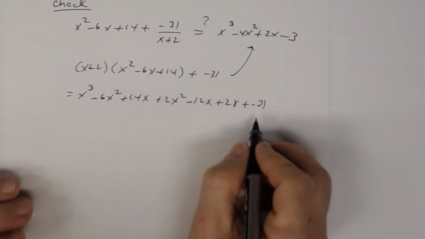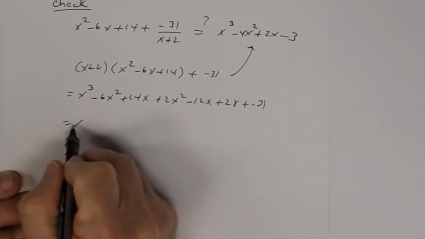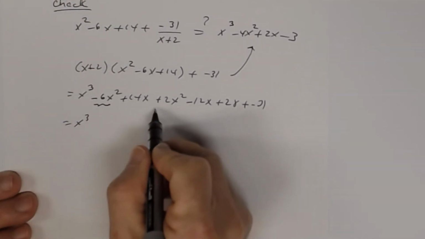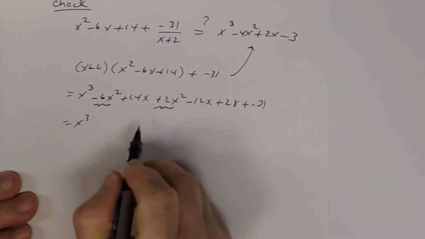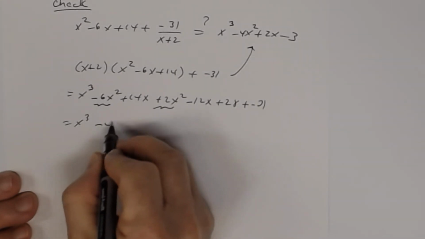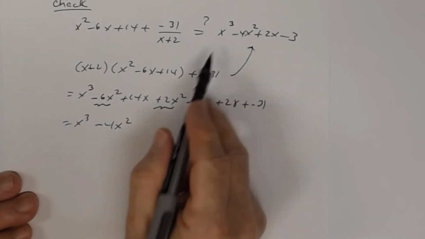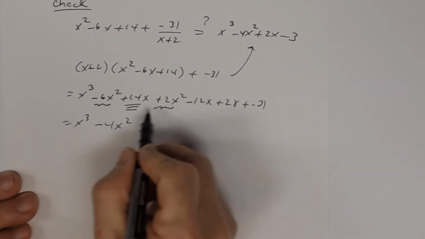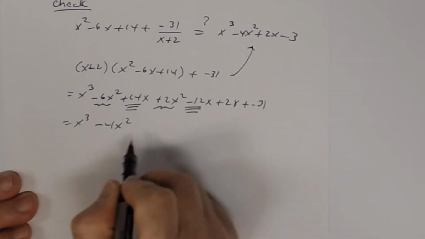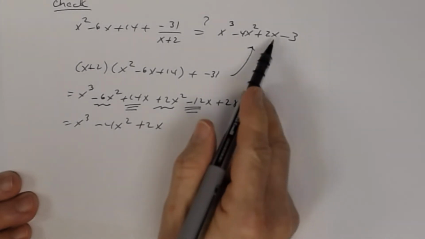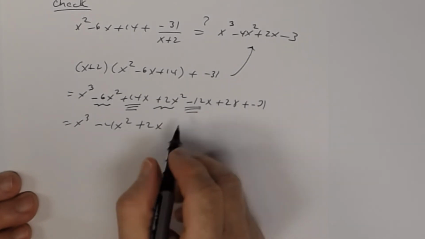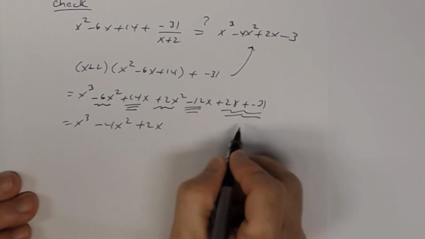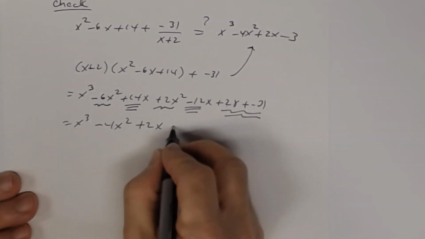Okay? Let's combine like terms. X cubed, I have a negative 6x squared and a positive 2x squared, which is a negative 4x squared. So far it looks good, right? And then a positive 14x and a negative 12x is a positive 2x. I'm looking good so far. And then your constants, positive 28 and negative 31, is a negative 3.